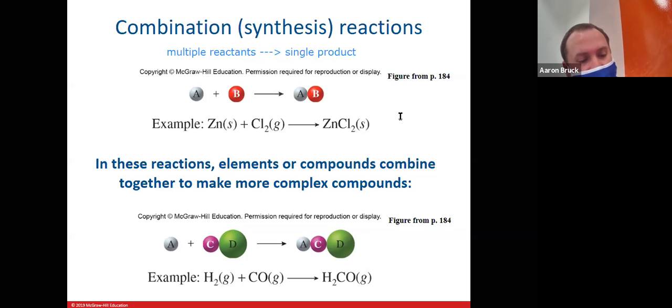It can also happen where I have an element and a compound reacting. In this case, on the bottom, I have hydrogen gas reacting with carbon monoxide gas to make an organic compound here, formaldehyde.